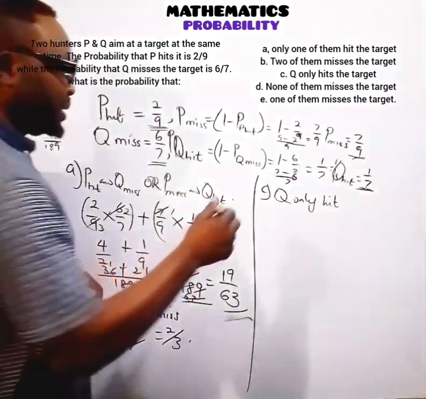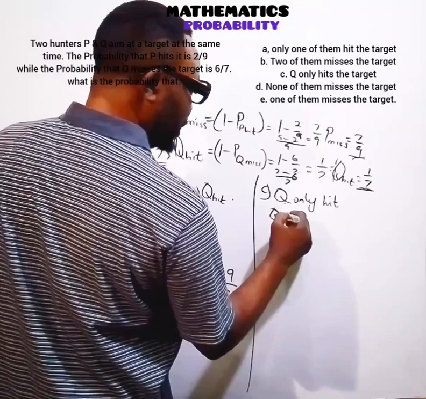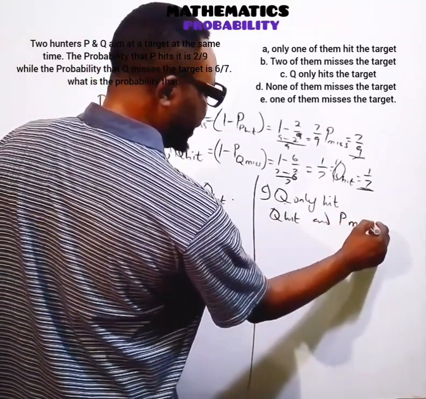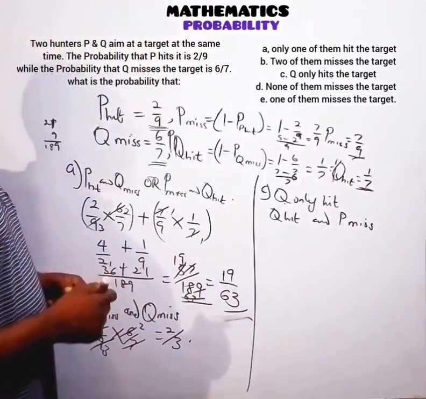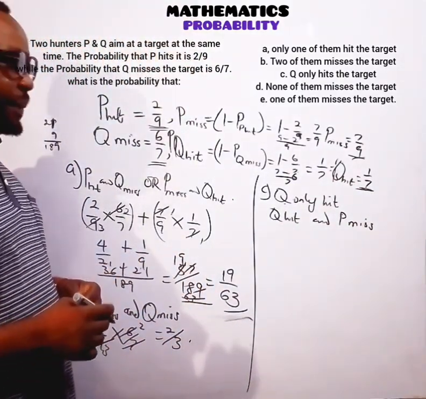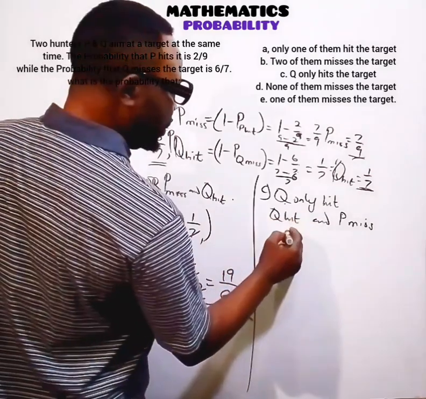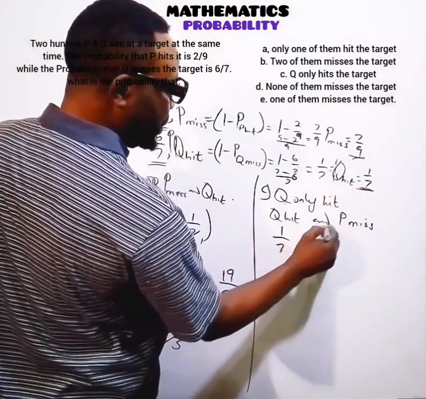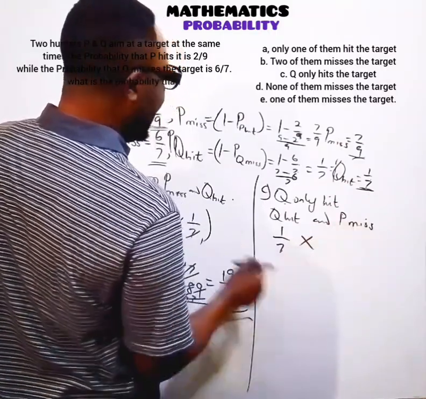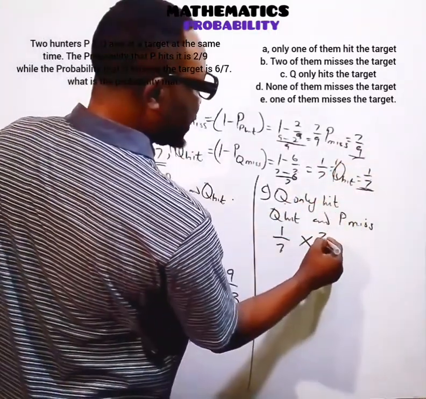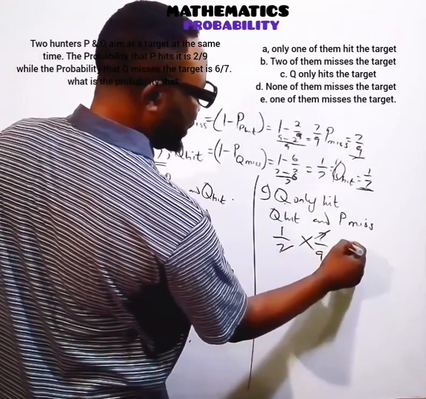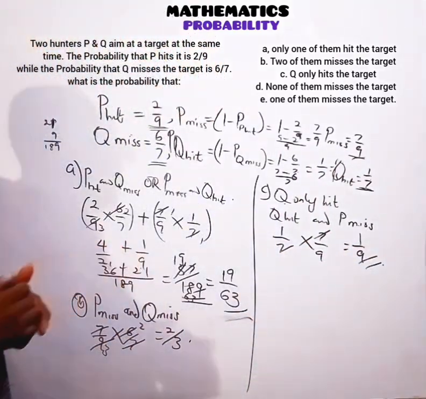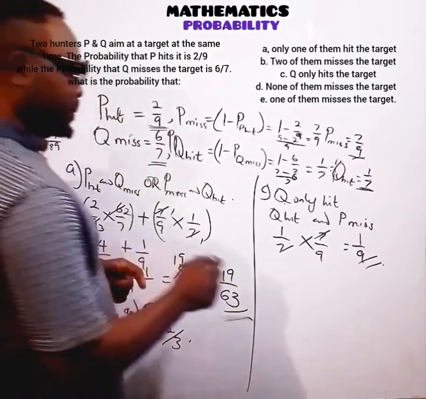That will be equal to the probability of Q hitting the target, 1 over 7, multiplied by P missing the target, that is 7 over 9. That will be equal to 1 over 9. That is very simple there.